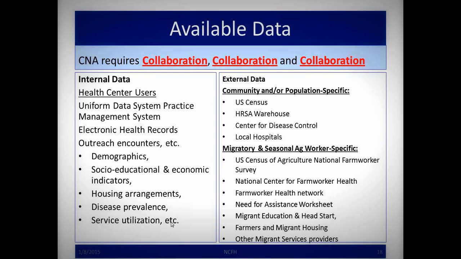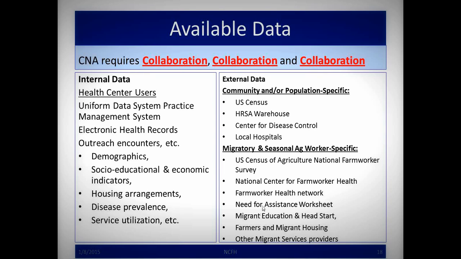Of course, we are talking about the group of people that you already provide services to. But you also need to expand to those residents of the community or those farm workers who are not already receiving health care.